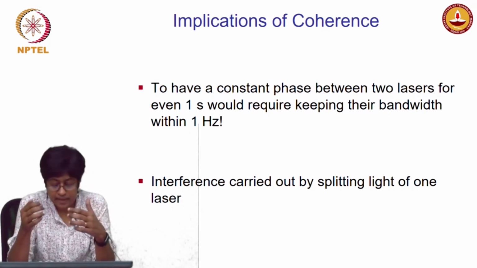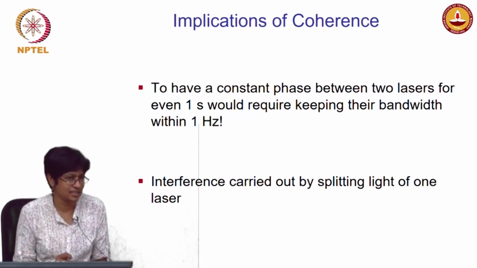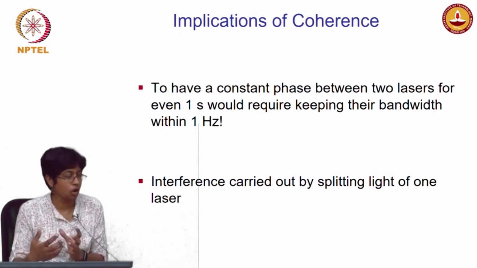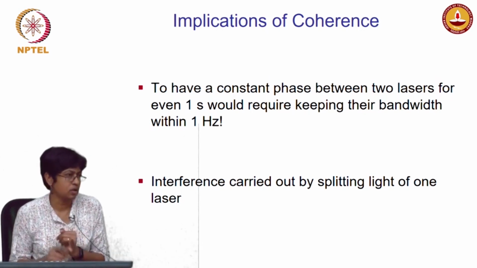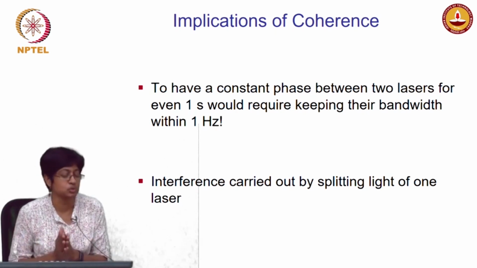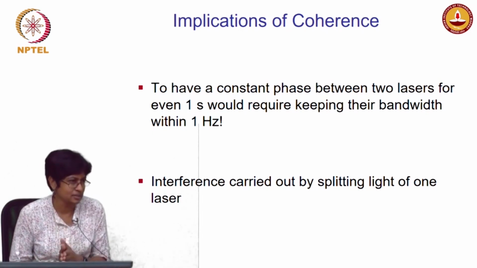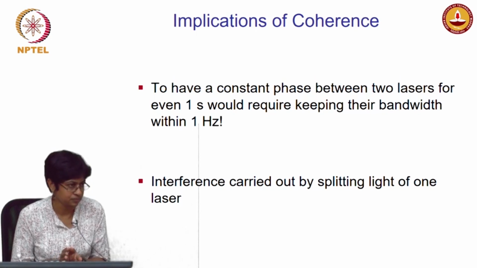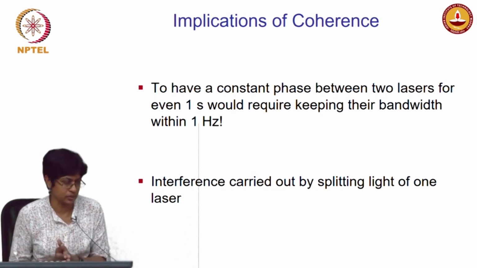And therefore, you always do interference by taking a single laser source and splitting it, and even there you have some constraints on when you will see interference, depending on the spectral bandwidth of your source and of course the size of your source. But in most of the applications we will look at, we will be talking about lasers, so we will assume that the source has very good spatial coherence, and the temporal coherence is limited by the bandwidth.